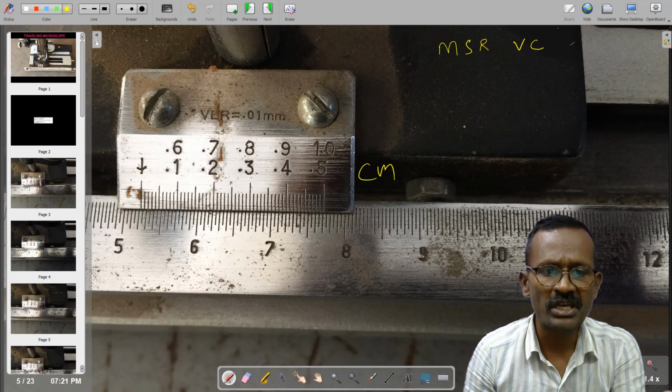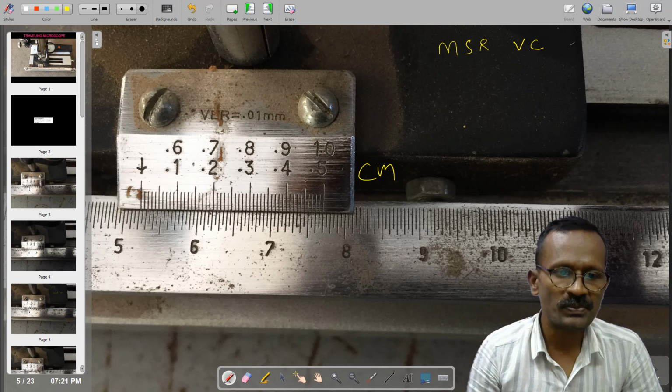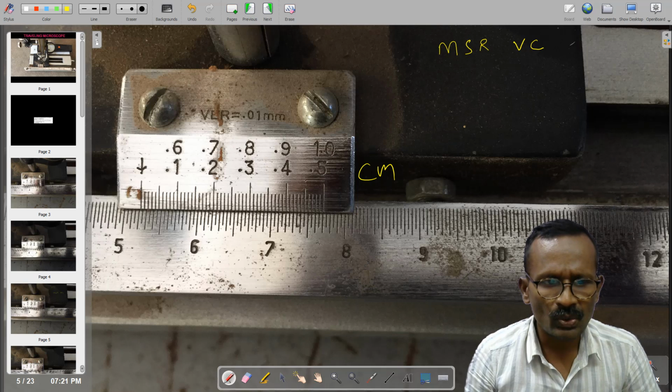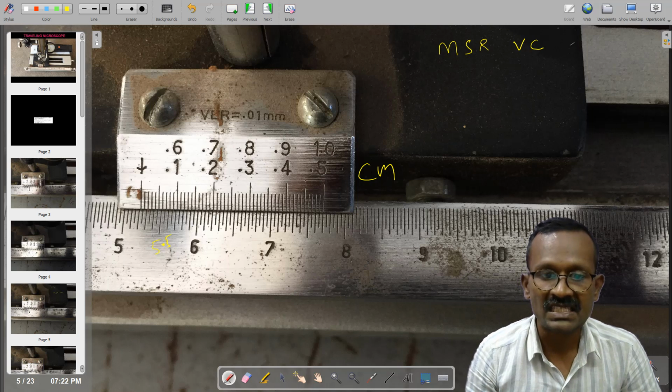This is a zoomed image. I have zoomed this image. What about this one? This is 5.1, 5.2, 5.3, 5.4, 5.5, 5.6, 5.7, 5.8, 5.9, 6.